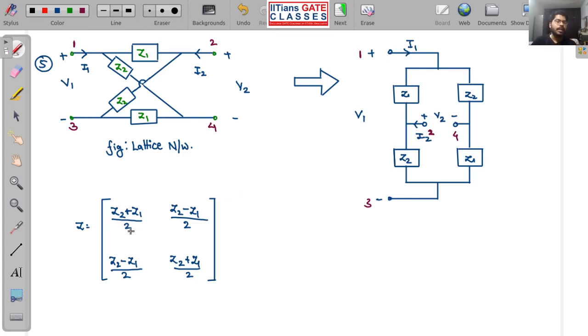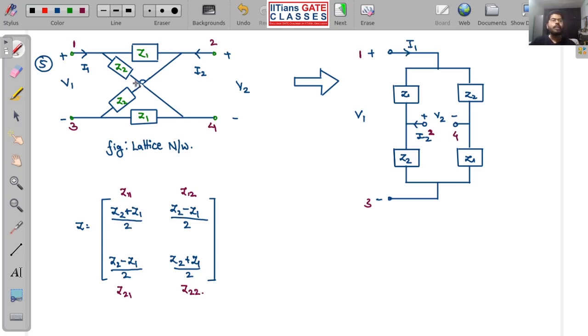So directly I have written the Z parameter of a lattice network: Z2 plus Z1 divided by 2, and the next element is Z2 minus Z1 by 2. So this is my Z11, this is my Z12, this is my Z21, this is my Z22. Okay, I think this is okay.